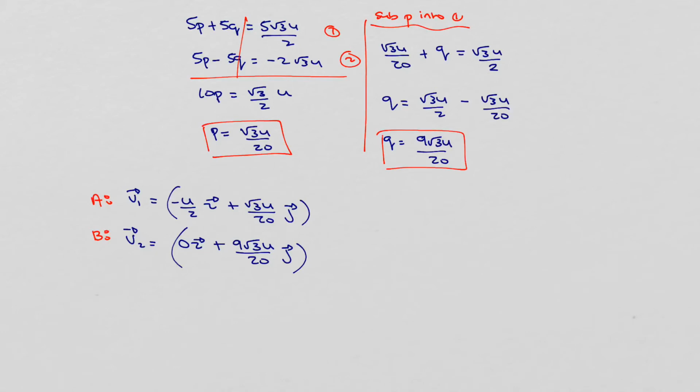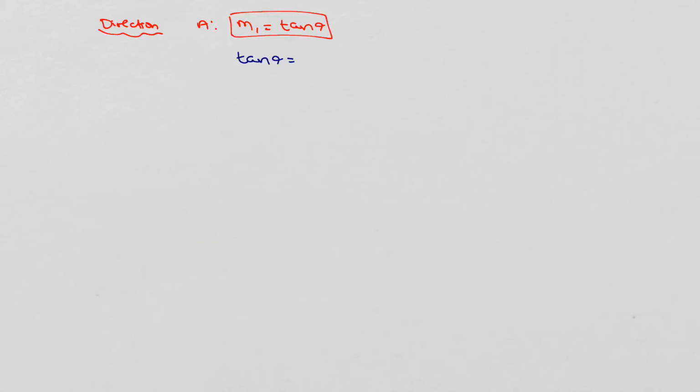So for A, our direction can be found by getting the tan of our angle, in other words our slope, and tan, remember, is going to be our j over our i. So our j is root 3u over 20 divided by u over 2. The u's cancel, and that leaves me with tan alpha equal to root 3 over 10.